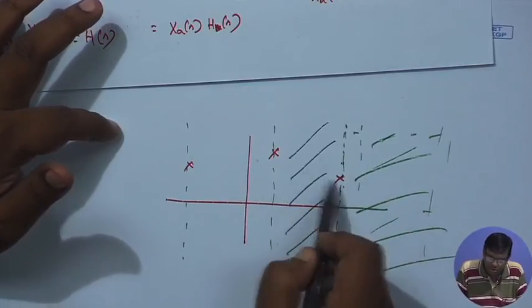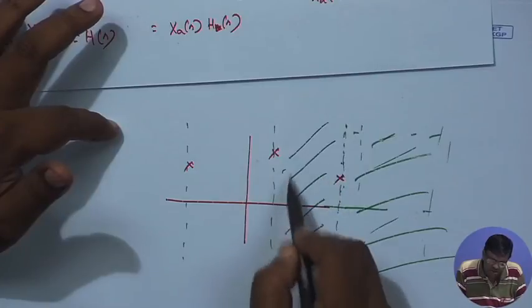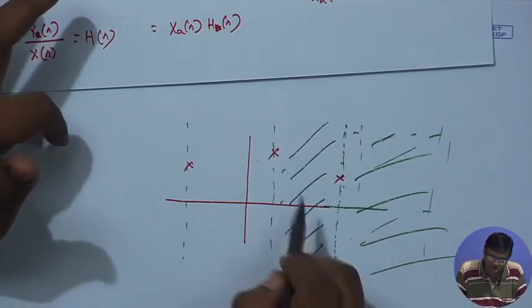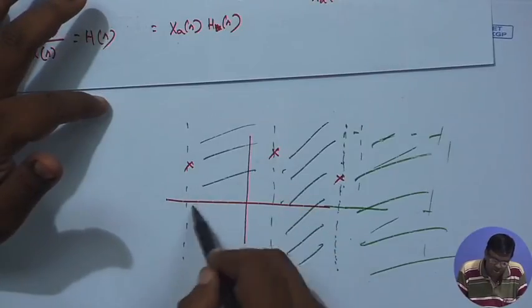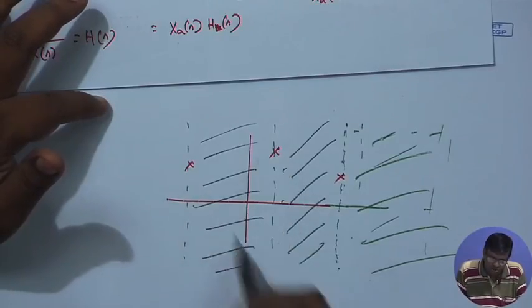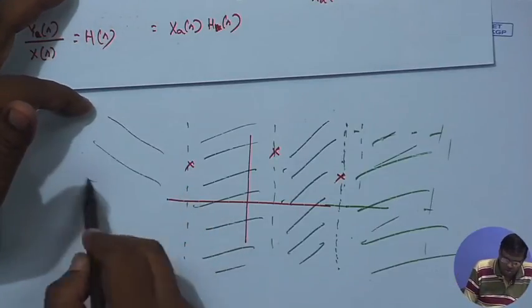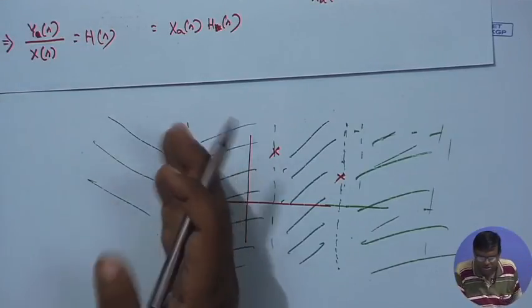This strip does not contain any pole because I am not including the lines, that could be one ROC. ROC cannot contain the poles because at poles the function does not exist. Or it could be this strip, but without including the lines, or that could be another one going up to minus infinity, that is an infinite strip.